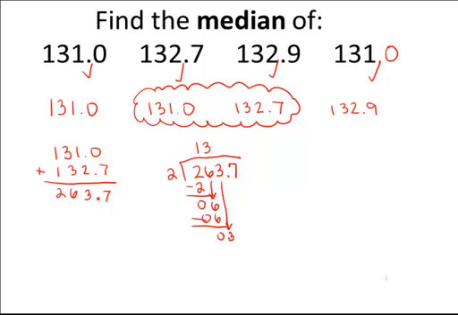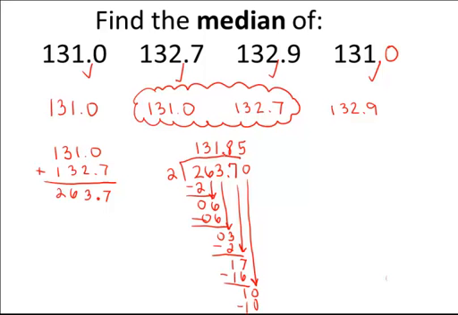Bring down the 3. 2 goes into 3 once, with 1 left over. Bring down the 7. 2 goes into 17 8 times, with 1 left over. And if I bring down a 0, 2 goes into 10 5 times evenly, with a remainder of 0.